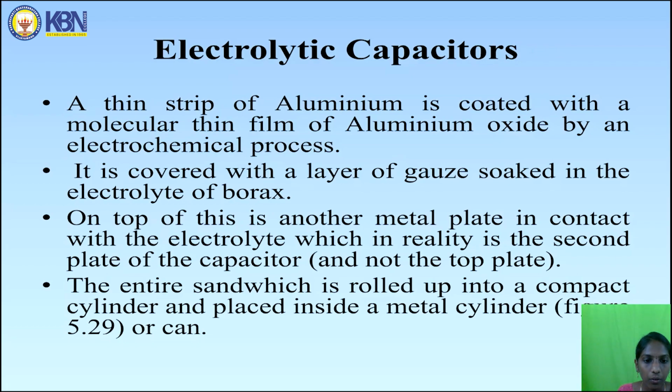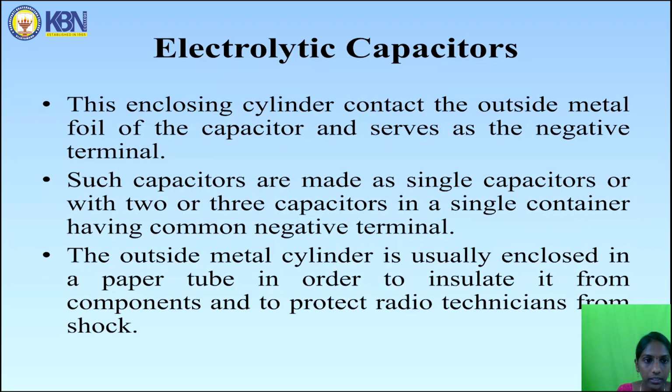On top of this is another metal plate in contact with the electrolyte, which is in effect the second plate of the capacitor. The entire sandwich is rolled up into a compact cylinder and placed inside a metal cylinder. This enclosing cylinder contacts the outside metal foil of the capacitor and serves as the negative terminal.